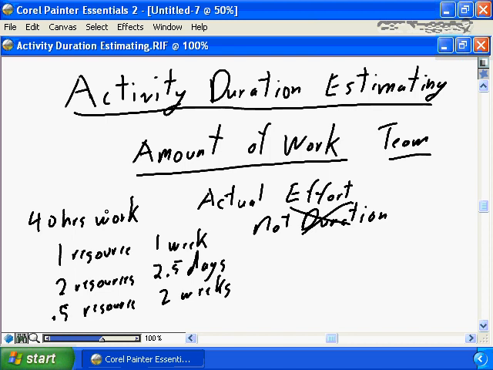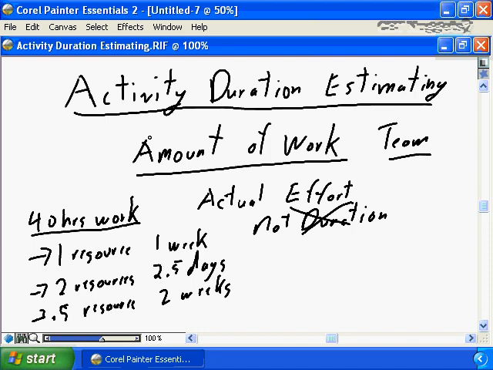If you focus on the work, it's 40 hours of focused work, and then assign the appropriate resources to the work breakdown structure element. Is it 1 resource? The project scheduling software will determine that task can be done in a week. Is it 2 resources? The software will determine that it can be done in 2.5 days. Or if it's only half of a resource, the software will determine that it's going to take a total of 2 weeks to complete the assignment.